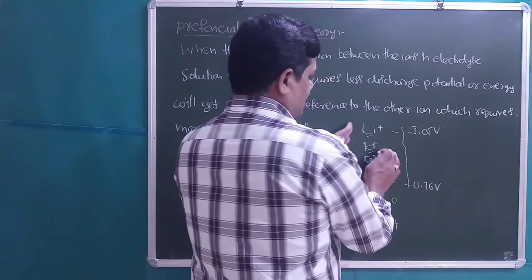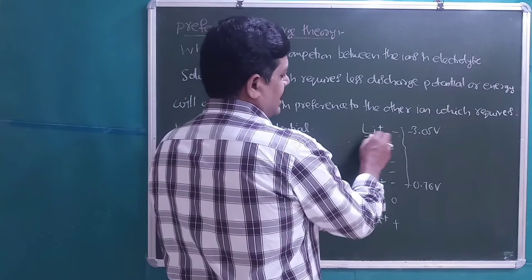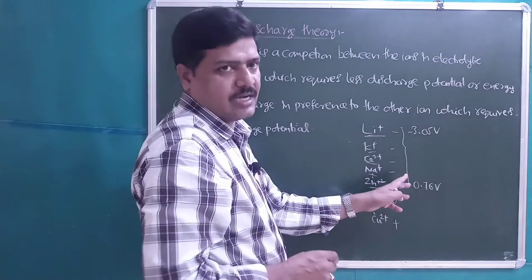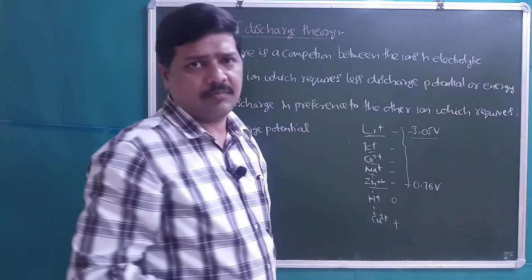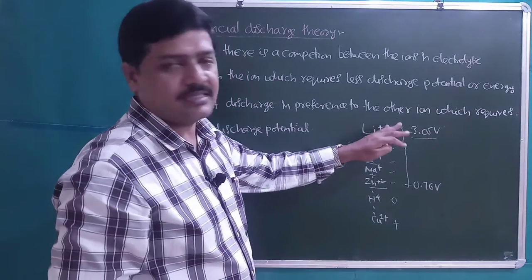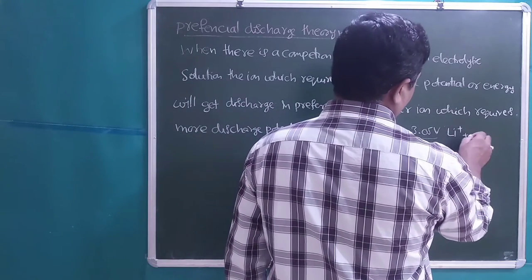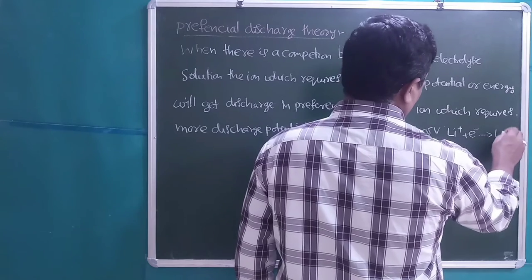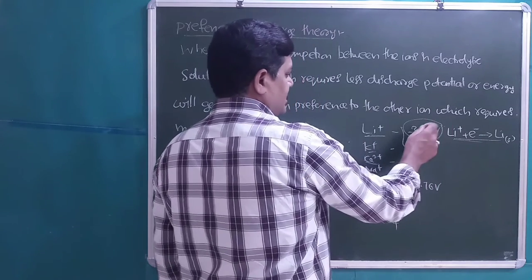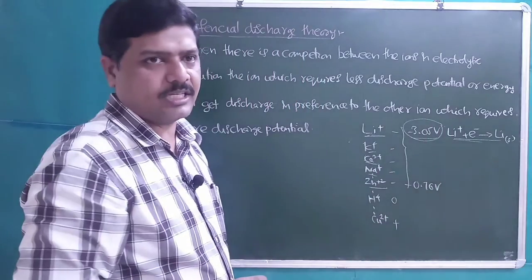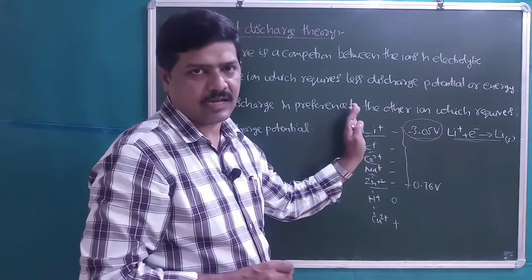When these two ions are present in the electrolytic solution and we are doing electrolysis, then in preference to Li+, Zn2+ will get discharged, because the metal with a more negative reduction potential has a very low tendency of undergoing reduction. To discharge Li+, it must gain one electron and convert into solid Li, but it has a low tendency. So that's why lithium is a strong reducing agent, not Li+.